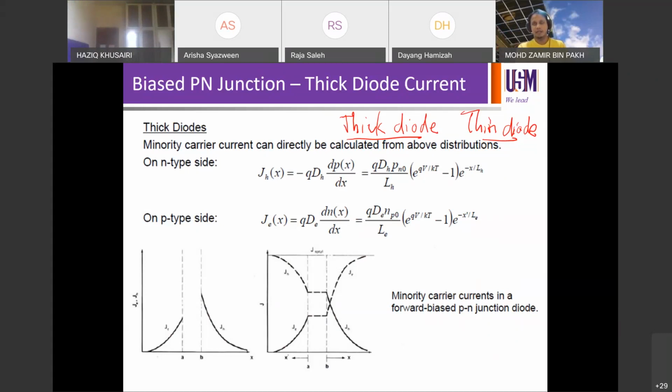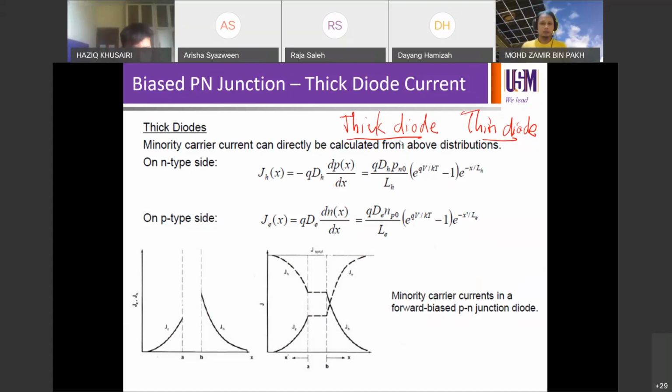In that case, we call it a thin diode. So here the device itself is very thin, and on the other hand, the device is very thick. Whenever you discuss thick diode and thin diode, you will be comparing the device thickness with the diffusion length of the carriers. So that will determine whether or not your device is thick or thin. Okay.